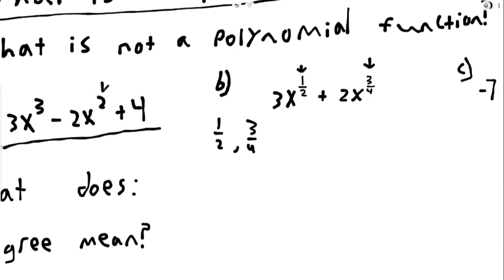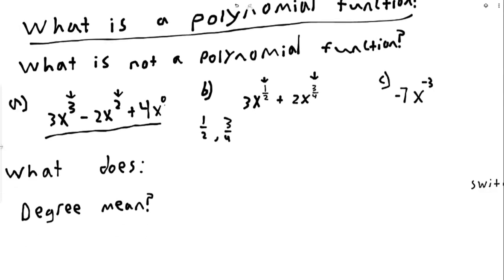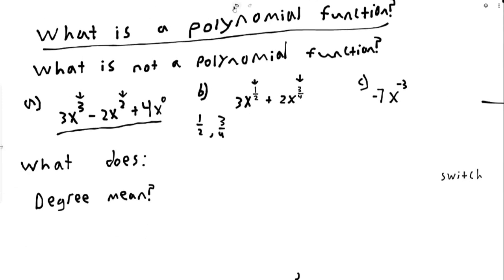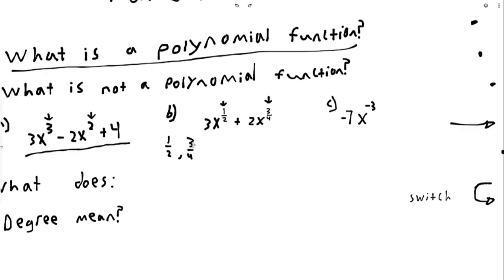Like exponent of 2, exponent of 3, or in this case, there's an x right here, but there's an exponent of 0, which is also an integer. So exponents of whole numbers, basically. And then the next thing it does not have is exponents that are negatives. For example right here, -3 is not allowed. So there's no negative exponents.